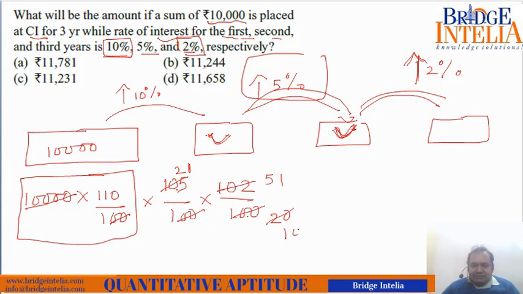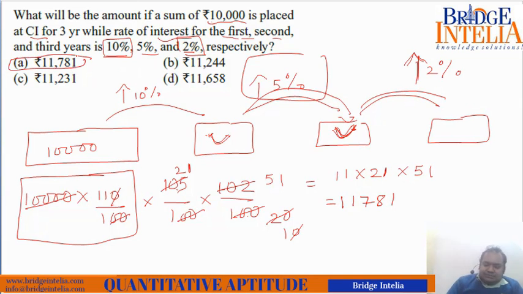This is 10. And this 10 and this 110 will get cancelled. So final value is 11 into 21 into 51. So if you solve, this comes out to be 11781. So this is the final answer.